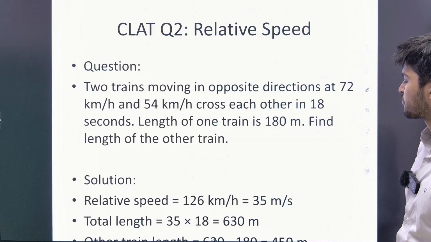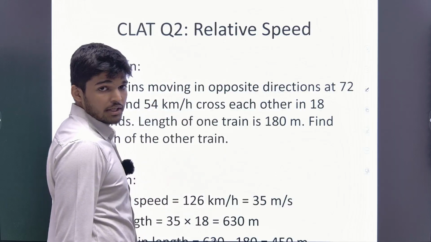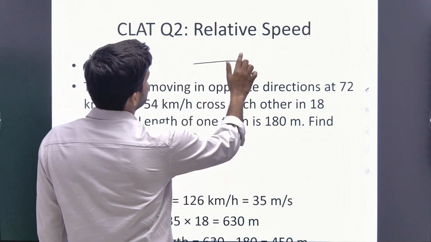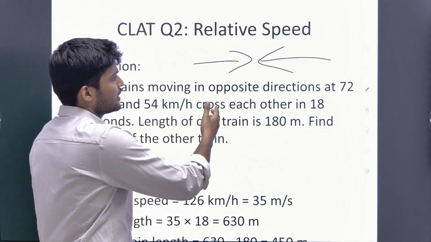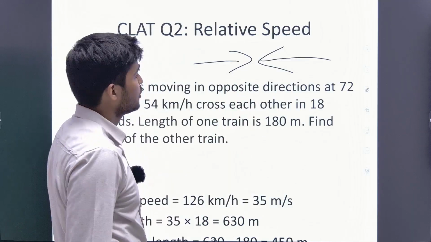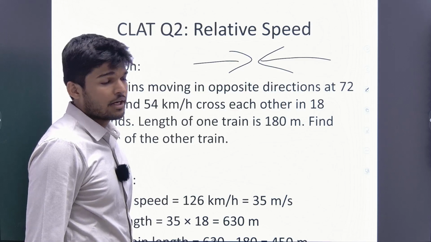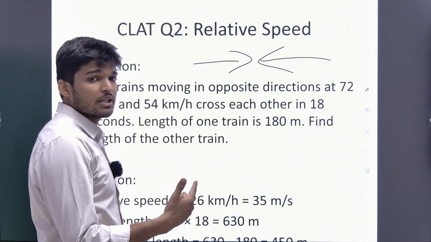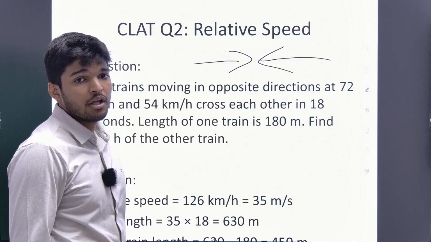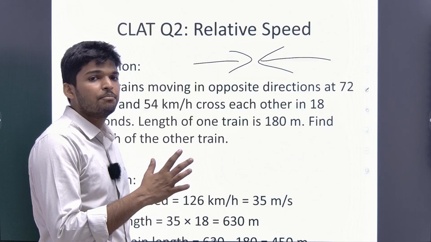In this question, the trains are moving in the opposite direction. One train is going from this direction and the other from the opposite direction. I told you guys that when we have to calculate the relative speed while the bodies are moving in the opposite direction, we add the speed of both the bodies.